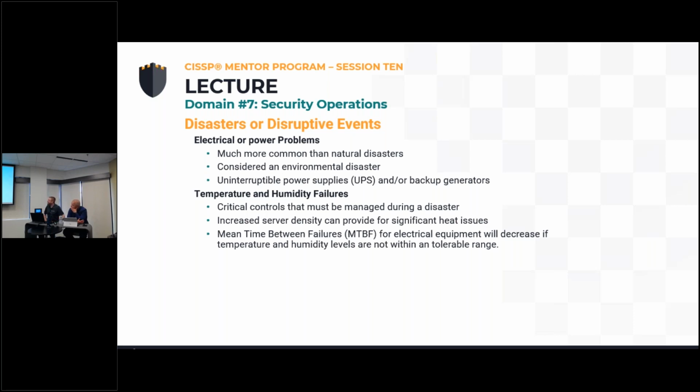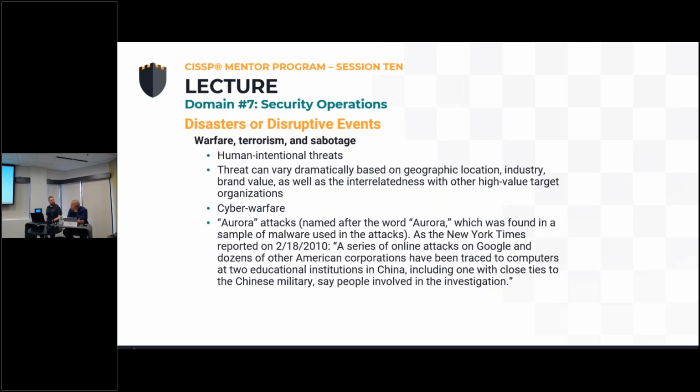So mean time between failures will decrease if temperature is high, or low, if it's outside of their recommended range. High humidity, corrosion; low humidity, static electricity. Have you ever looked up mean time between failures on electrical components? Not in a long time.